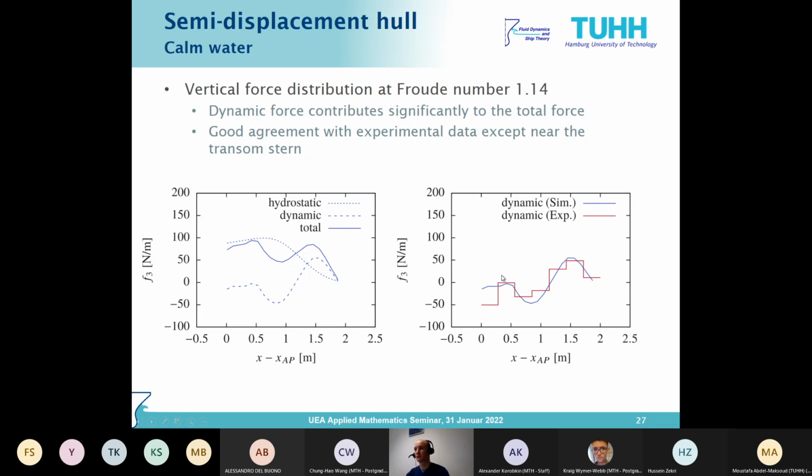However, it can be concluded it's a little bit less severe than for the planing hull, probably because the ship is more slender, which is maybe one reason. Also, the dynamic force is not that large here.